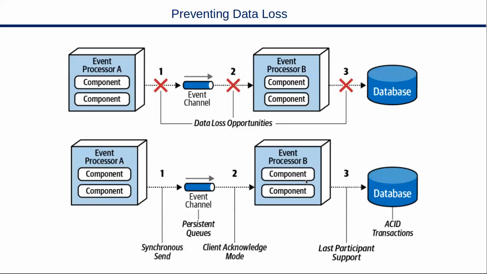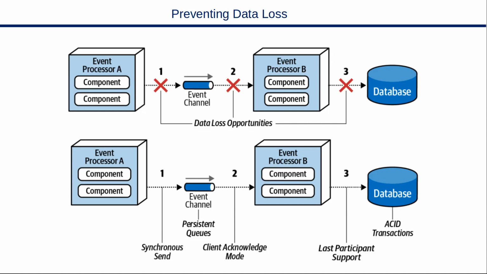Another key point when we take a look into the event-driven architecture is preventing data loss. So data loss is always the primary concern when dealing with asynchronous communication. Unfortunately, when we choose such an approach, there are many places where the data can be lost with this event-driven architecture.